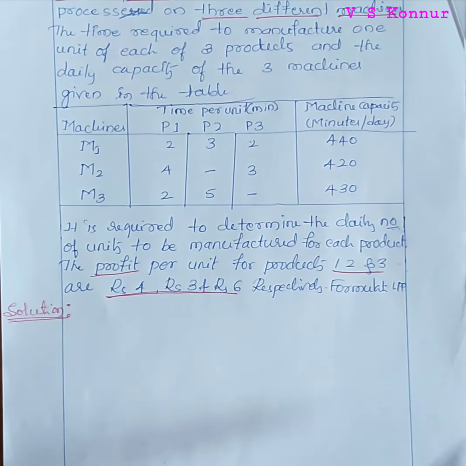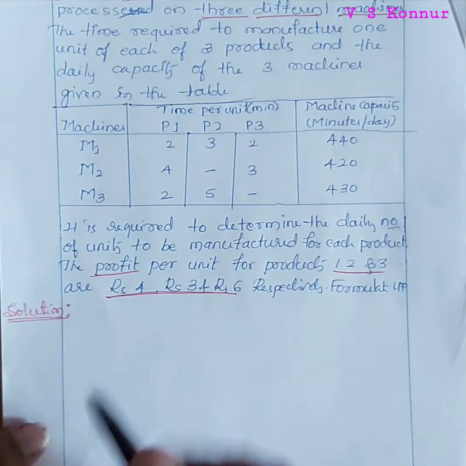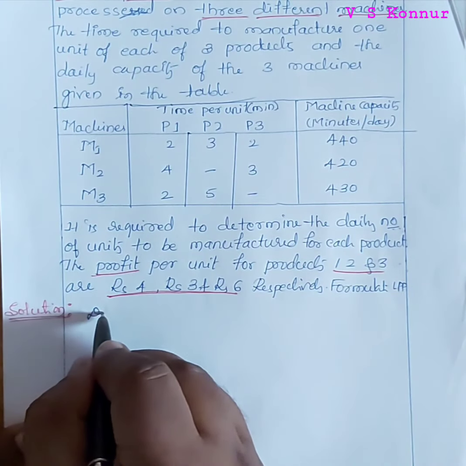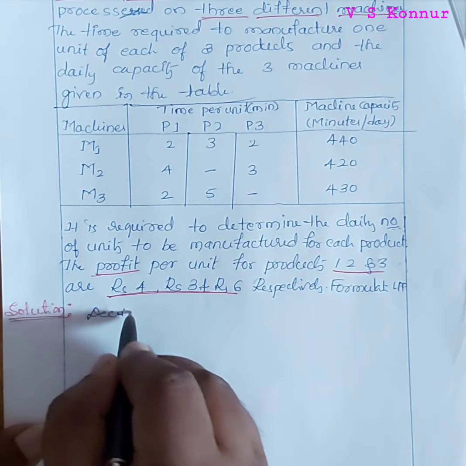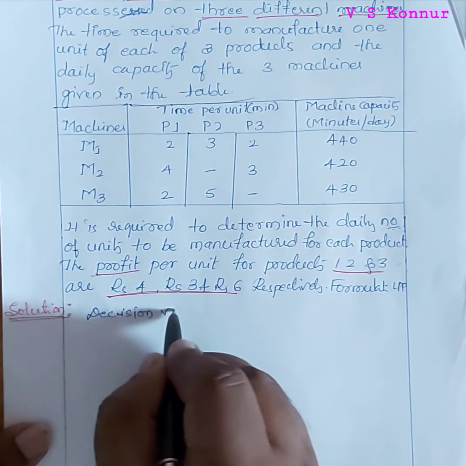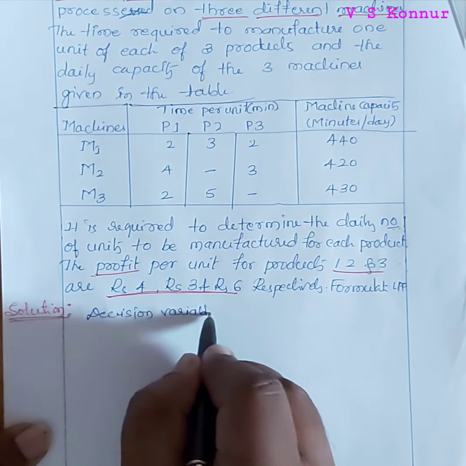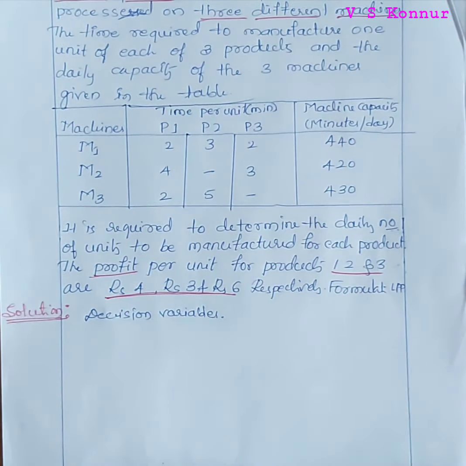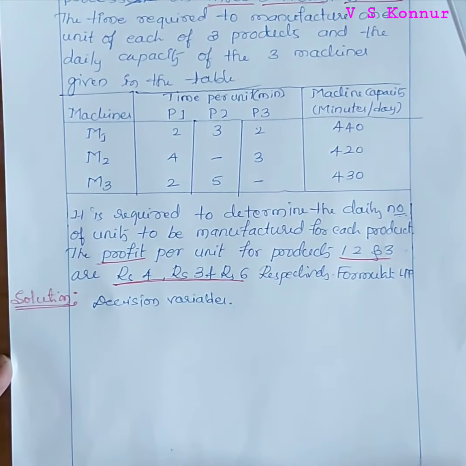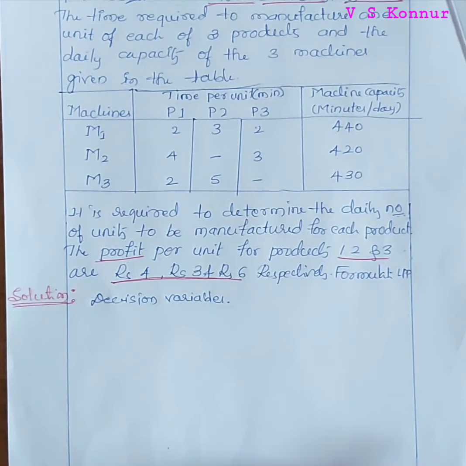the decision variables. The number of decision variables depends upon the number of products or machines, depending upon the given problem.